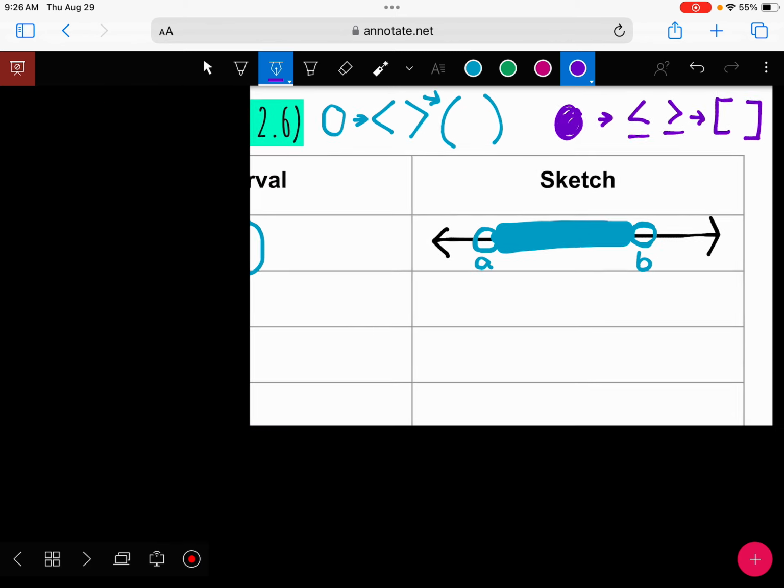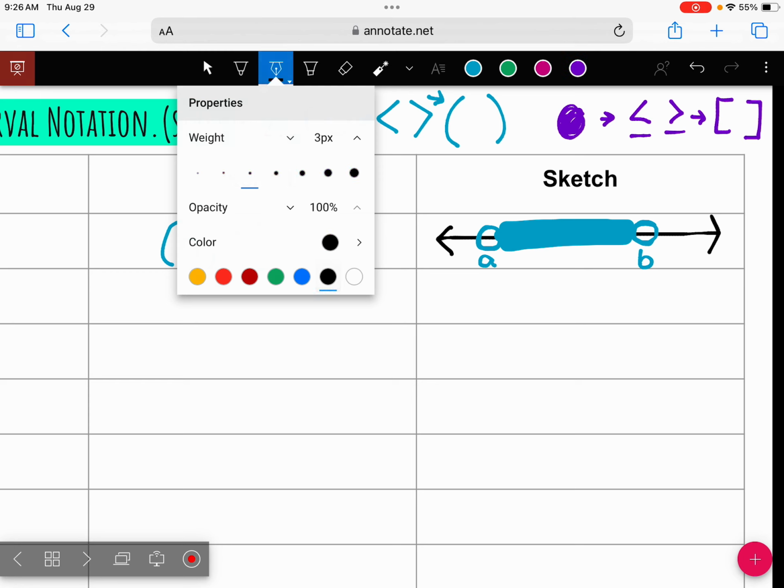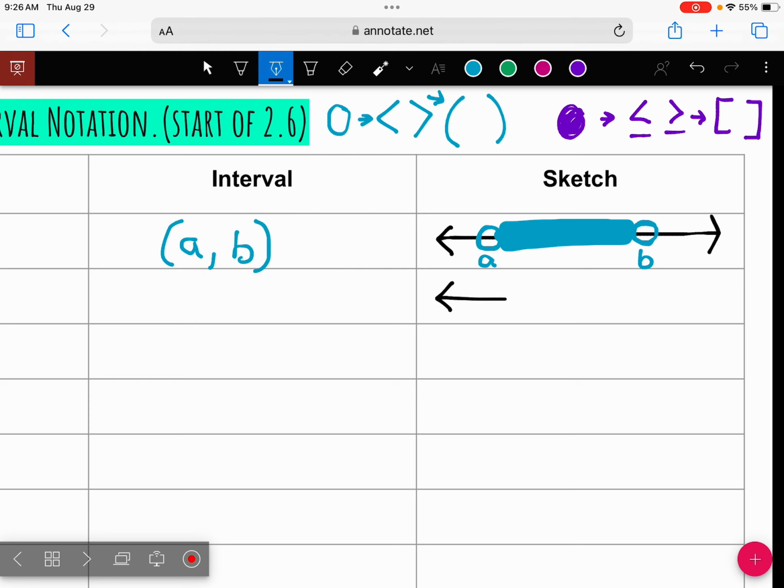So if we're looking at our next one, which is very, very similar, my X is between the A and the B, but now my A is closed, and my B is also closed, and we are in between.